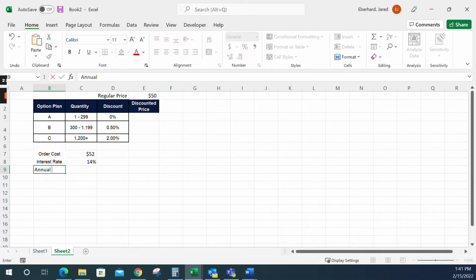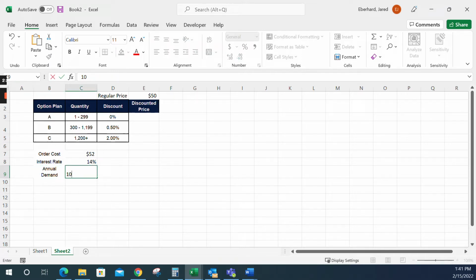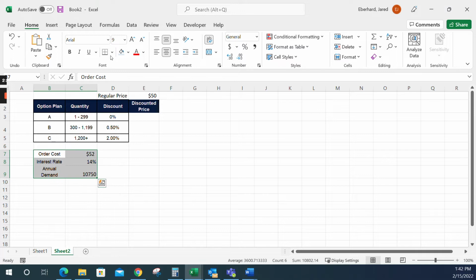And it tells me that my annual demand is 10,750 units. Now, if I wanted to, I could place this information over here in each of these and have it go down. But since that's the same regardless of the option, I'm just going to leave these items here. And when I reference them in a formula, I'll always anchor in these items. Sound good? Ready to roll?